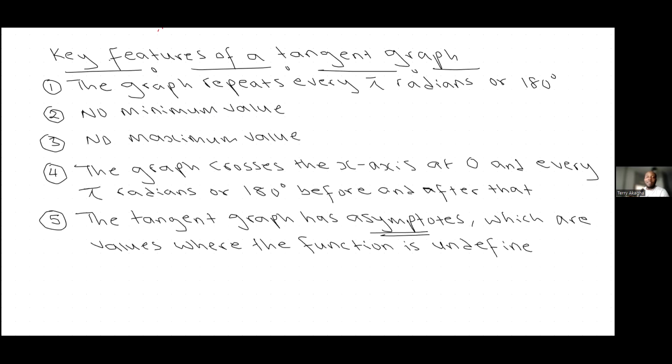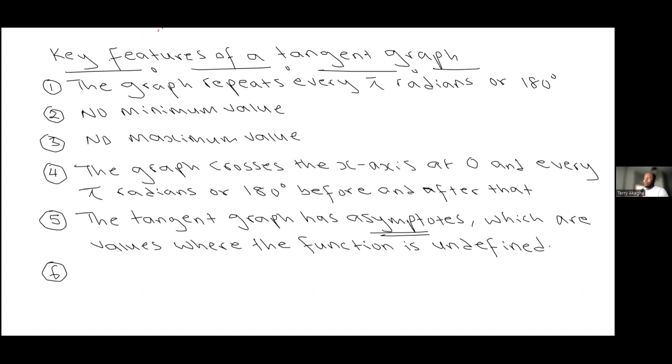So the tangent graph has asymptotes, and these are values where the function is undefined. And if you've not reviewed my video on vertical and horizontal asymptotes, this is a good point for you to go back and see how to do that. But for this, we're not calculating asymptotes here. So if you don't need to go back, it's fine. You can just proceed. But just in case, it's a good way to remind yourself on how to find both the vertical and horizontal asymptote. In this case, we just have vertical asymptote here.